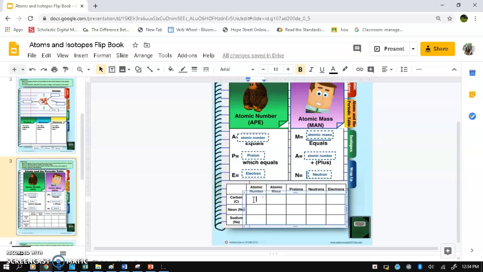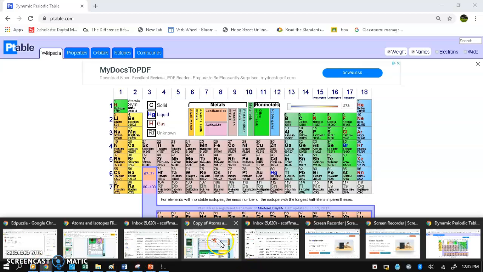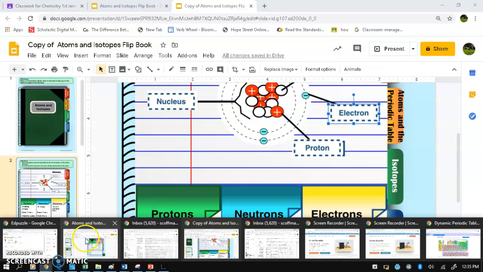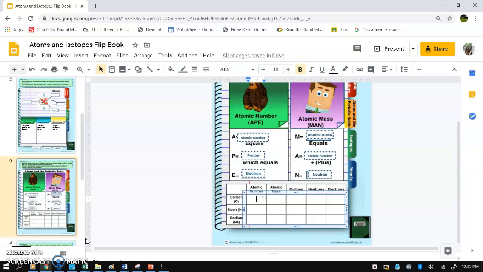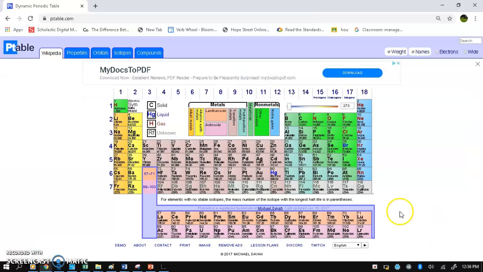Now I'm going to add a periodic table here. So I'm going to go ahead and pause it. This will be a link onto your slides. So let's go back to that Google slide right here. And we want to find carbon. Now, the atomic number is always a whole number. These other numbers, we won't get into talking about what they are this semester.